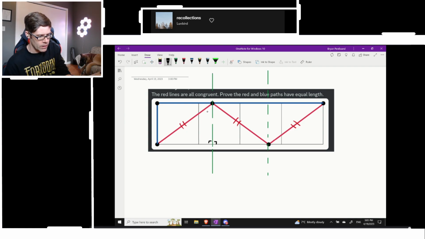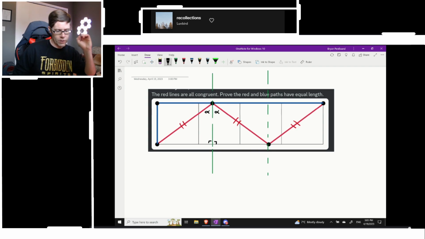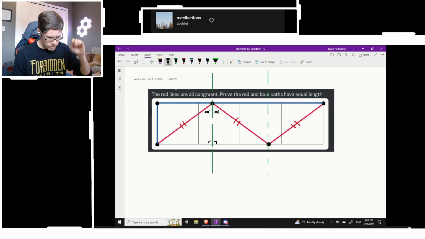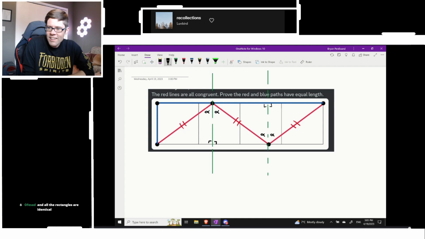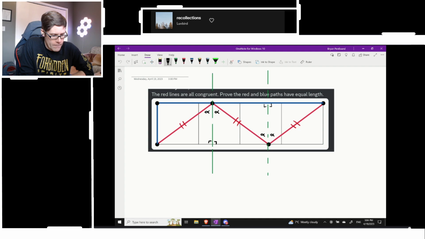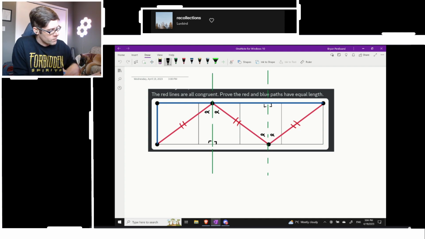I'll put a little alpha in here, so we know this is angle alpha, angle alpha. Let's just divide that angle in half. Now, if we do that there, we should be able to do the exact same thing over here so that these also become little alphas. All of the rectangles are identical. That will be helpful.